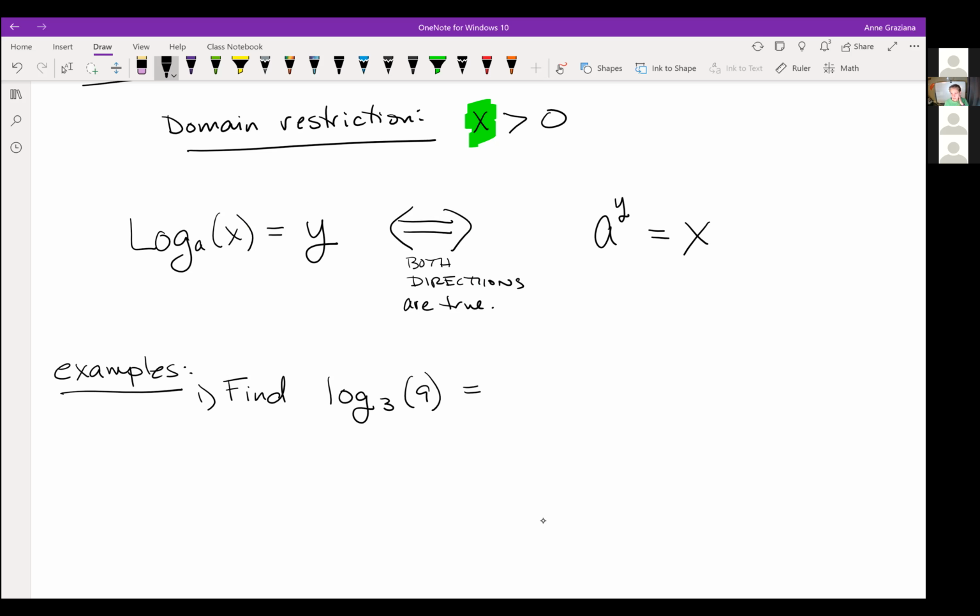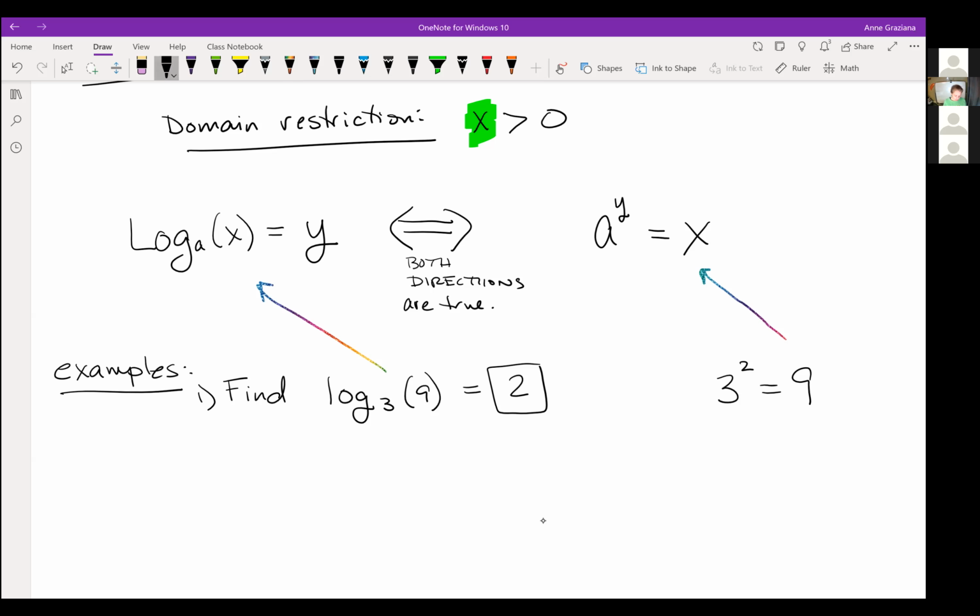Everybody. 2. Yes, thank you, Sydney. And look, 3 to the power of 2 is equal to 9. So you can see this is this form, and this is that form. You guys see? It's the exponent you put on the base to get what's inside the parentheses.